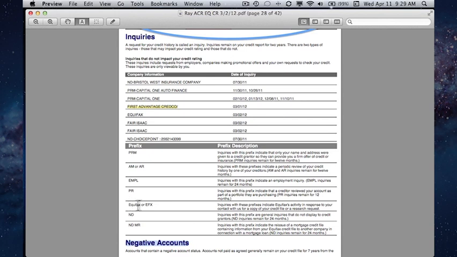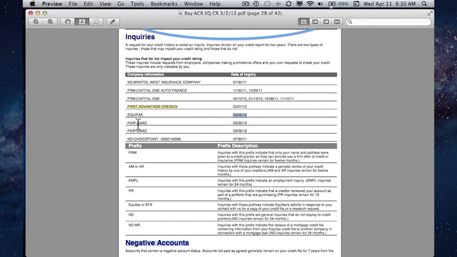Now, if it says Equifax or EFX, that is a consumer disclosure. That is where you have actually requested. So this client, when they got this credit report, it shows right here, Equifax on 3/2, they pulled the credit report. So that is a consumer disclosure.